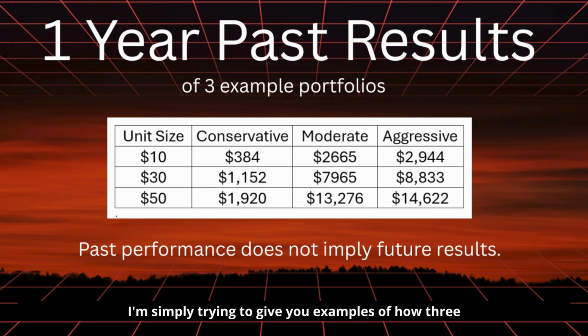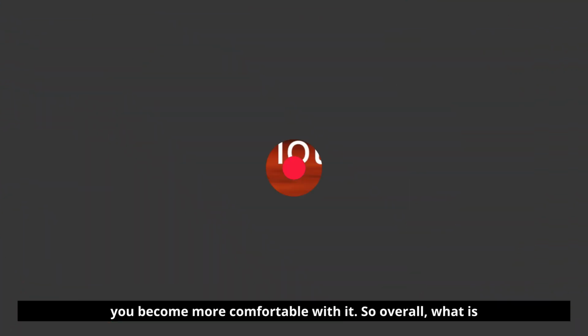I'm simply trying to give you examples of how 3 different portfolios that were generated with the software resulted in different outcomes over the past year using their backtesting data. This does not mean that you will get these same results. It's just an example to give you an idea of what's possible. Again, I would recommend starting small and then work your way up as you become more comfortable with it.